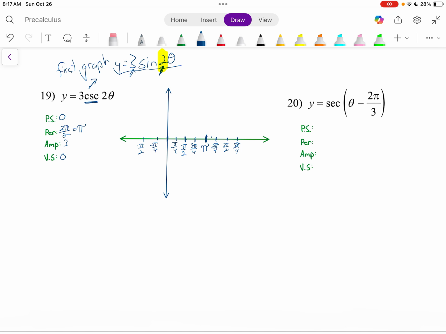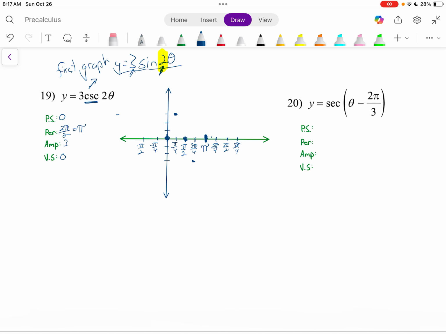All right, so we're going to graph 3 sine of 2 theta. We did all that. There's our first period. I'll mark them bigger. Our amplitude is 3, so 1, 2, 3. 1, 2, 3. And for sine, we start at 0. Go up to 3, down to 0, down to -3, and we just keep that.